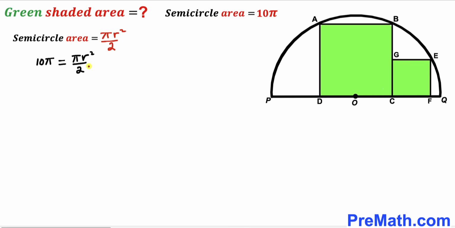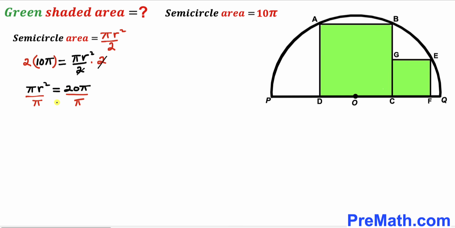Now I am going to multiply both sides by 2 to remove this fraction. The 2 and 2 are gone, so we got pi times r square equal to 10 times pi times 2, which gives us 20 times pi.